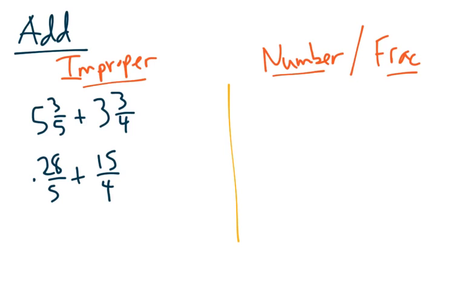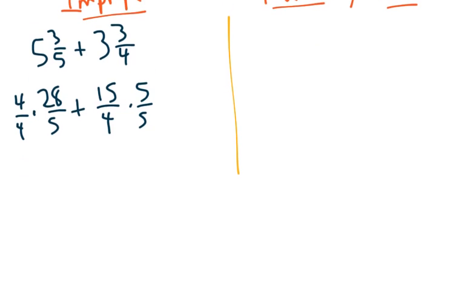We need to get a common denominator, which unfortunately is going to be a rather big number because we have to times everything by 5 and 4. And when we do that, our common denominator will be 20. Now, fortunately, we already did the work. 4 times 28, that is 112. And 15 times 5 is 75 over 20.